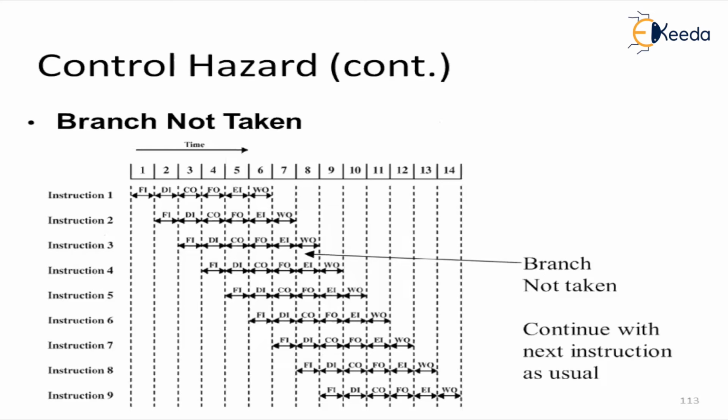So branch is not taken and we continue with the next instruction as usual. Instruction 1 starts at timeline 1 and goes up to timeline 6. The second instruction starts at timeline 2 and goes up to 7. The third one starts at timeline 3 and goes up to 8. And so on, it continues up to instruction 9.